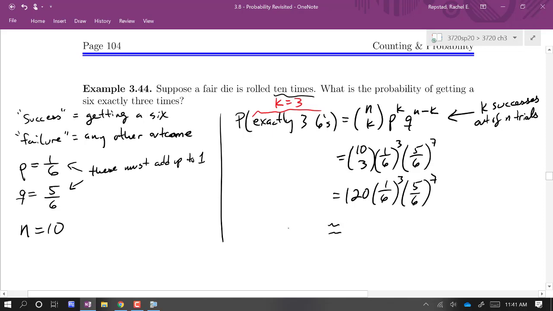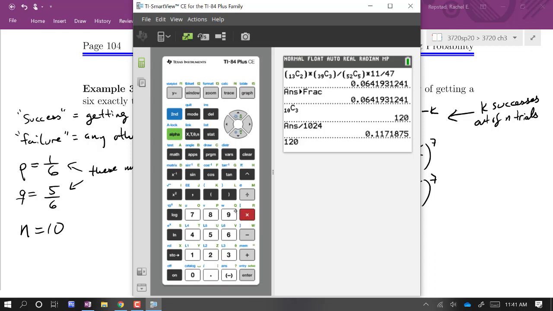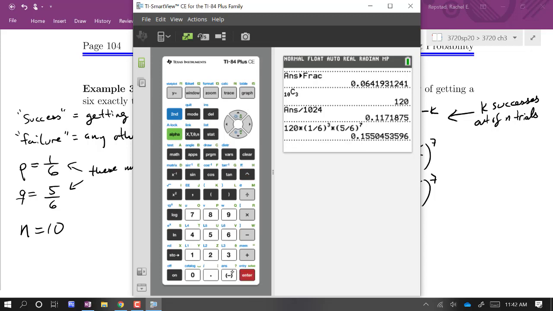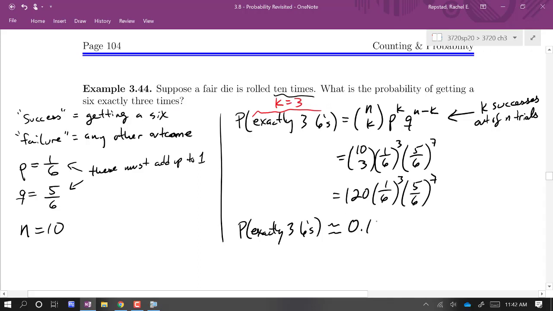I'm just going to throw this in the calculator, and I get 0.1550. And there's our probability that we get exactly 3 6s.